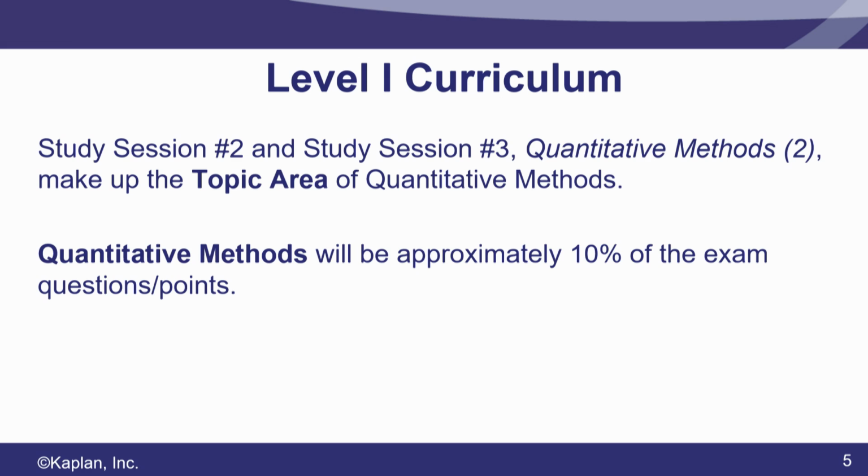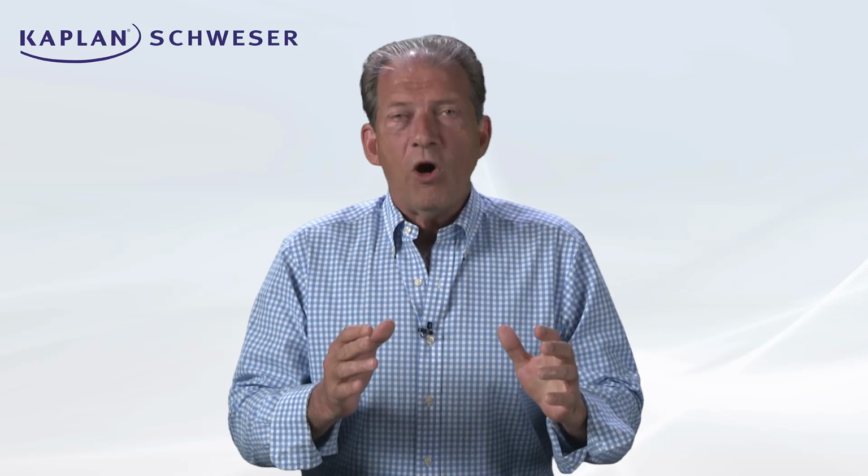And we know that quantitative methods will be approximately 10% of the exam questions and points. So we have the readings, make up the study sessions. One or more study sessions makes up a topic area. And the topic areas is where we're given from the Institute the exam weights.